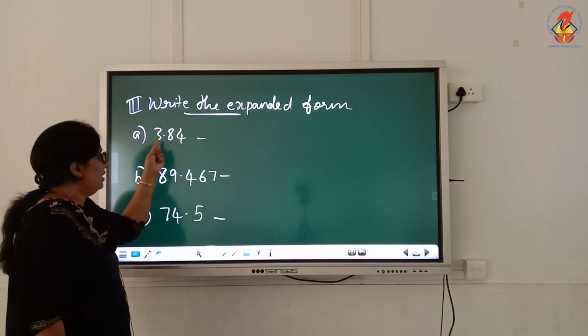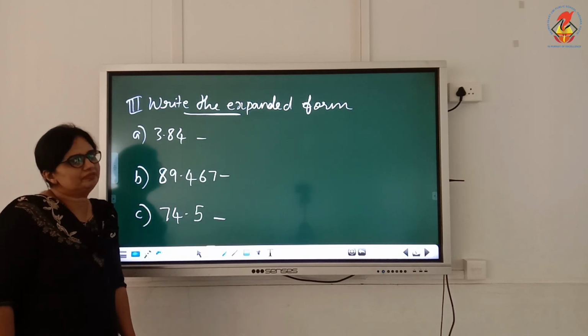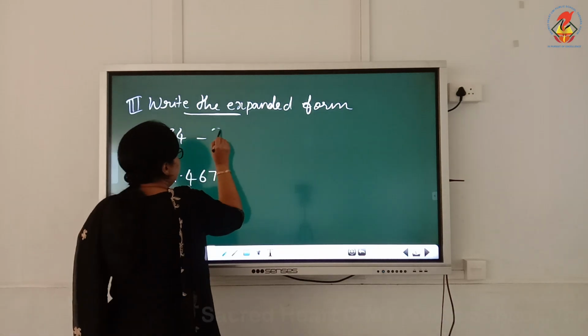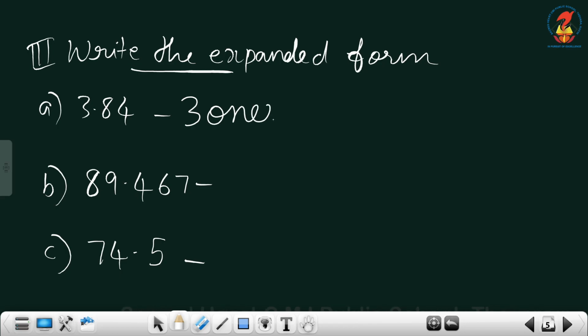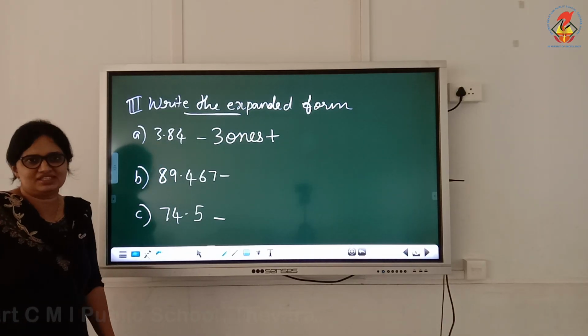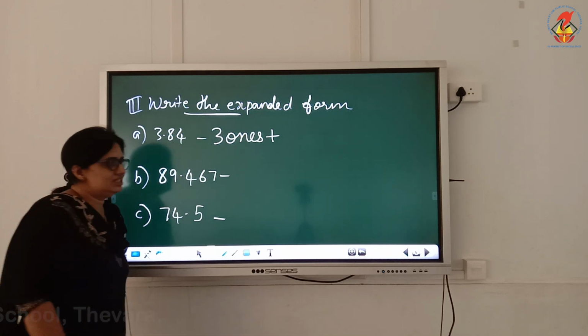You look at the number 3.84. 3 is in which place? 3 is in the ones place only. So here we need to write 3 ones plus what? 8 is in which place? 8 is in the tenths place only.